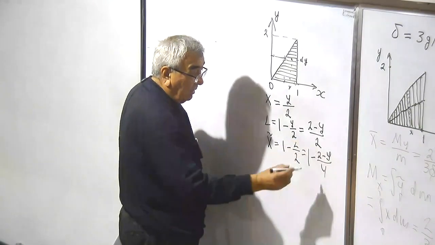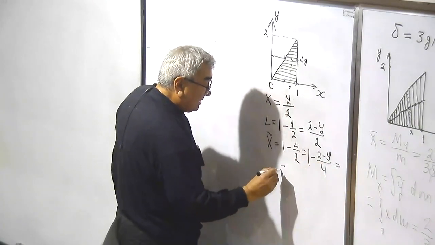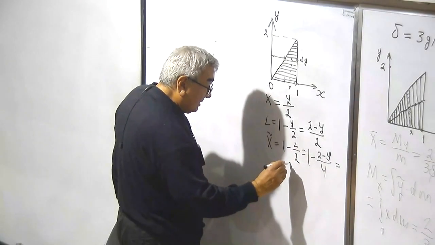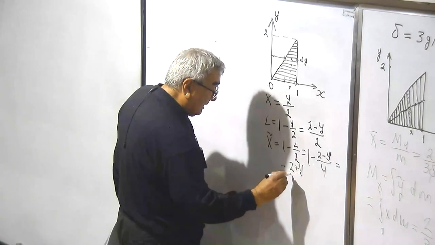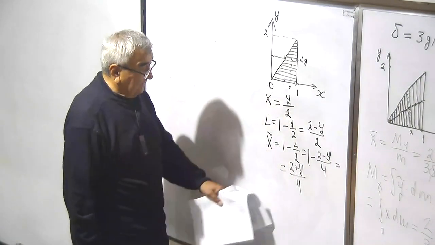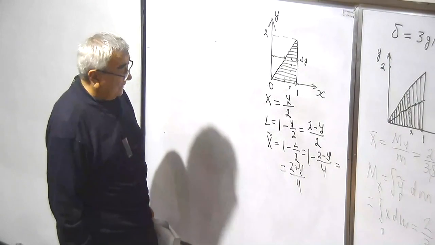Therefore, here there will be 4. After simplification, I receive the coordinate for x: 2 plus y divided by 4.